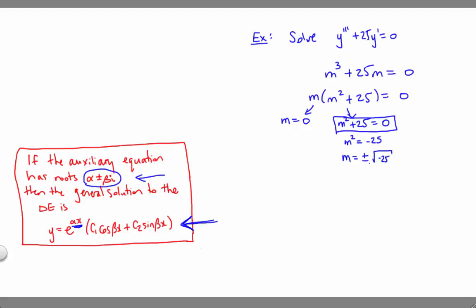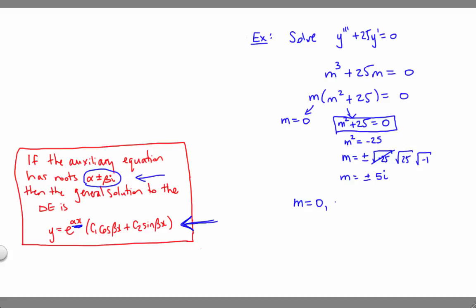Okay, now we can simplify this root. That's the same thing as root 25 times root -1. And so we can say m is equal to plus or minus 5i. So had you used the quadratic formula, you should have come up with the same solution there. Okay, so overall, we've got 3 different roots to this cubic equation.